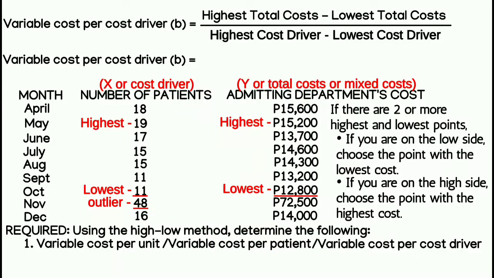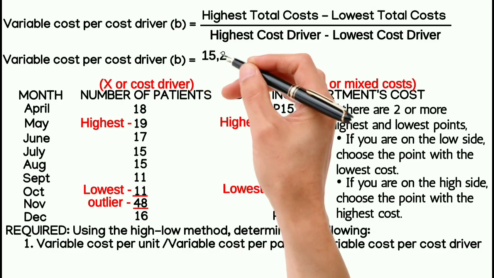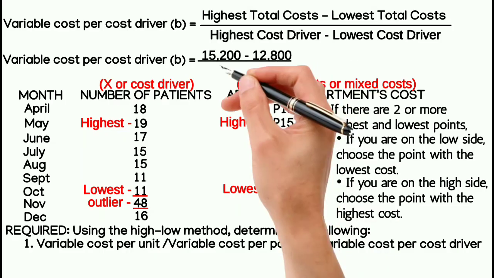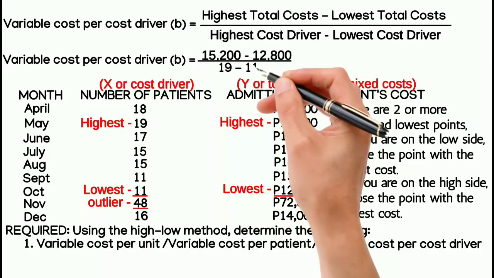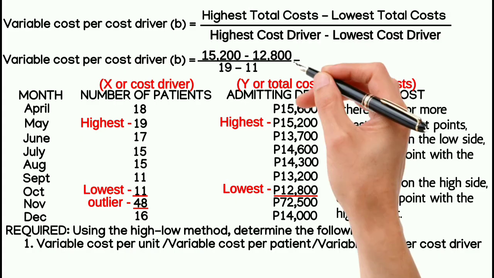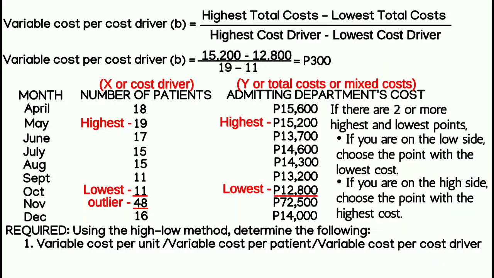The variable cost per cost driver is equal to 15,200 minus 12,800 over 19 minus 11. 15,200 minus 12,800, that is equal to 2,400. 19 minus 11, that is equal to 8. 2,400 pesos divided by 8, that is equal to 300 pesos per patient.